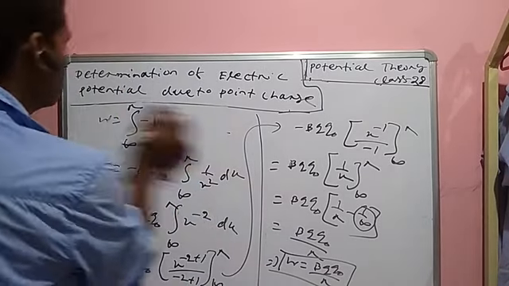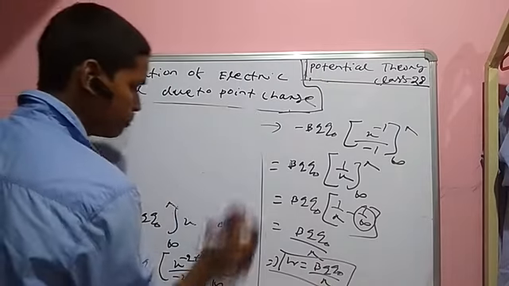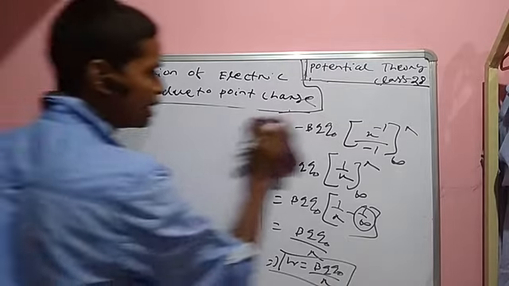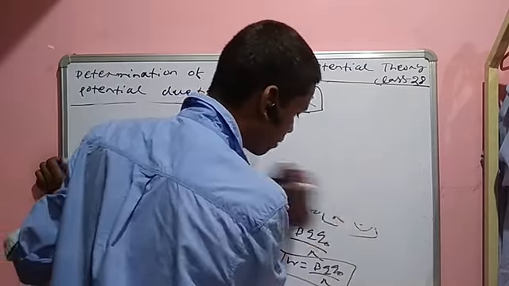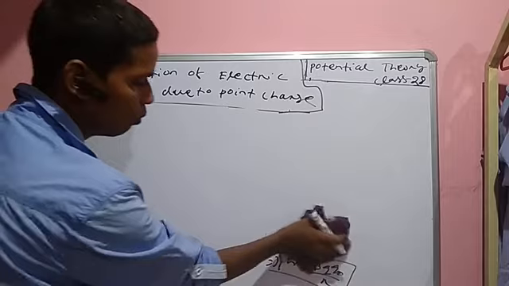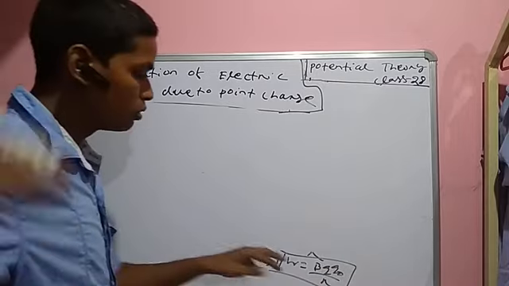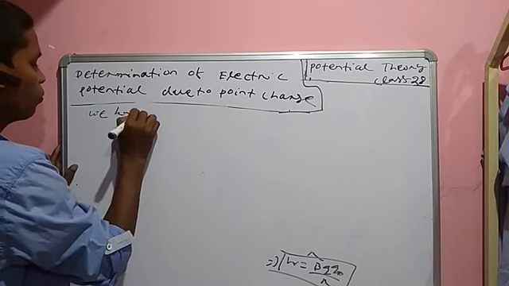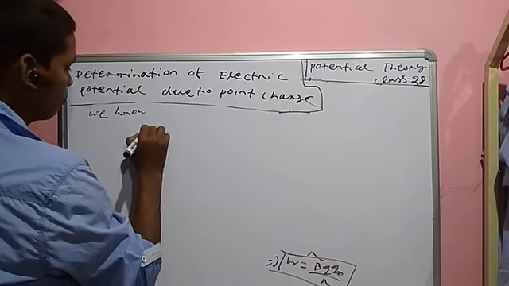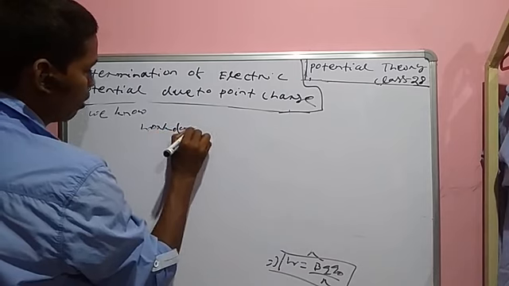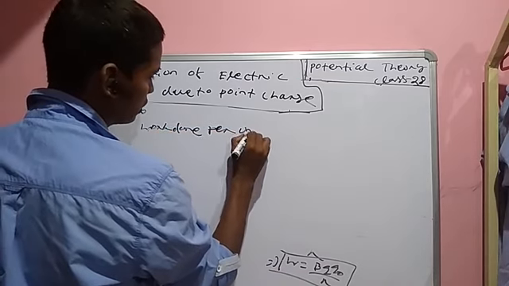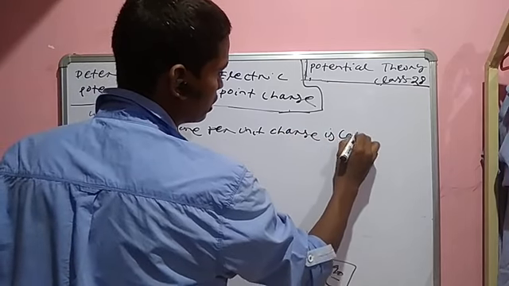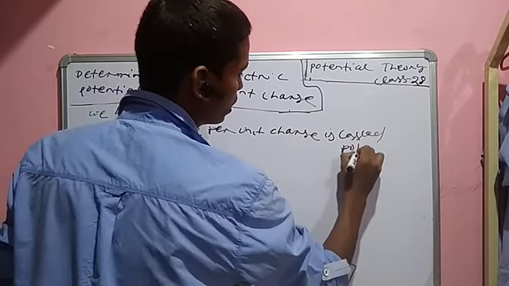But we have to determine the potential at point P. We have already found the work done W. We know the work done per unit charge is called potential.